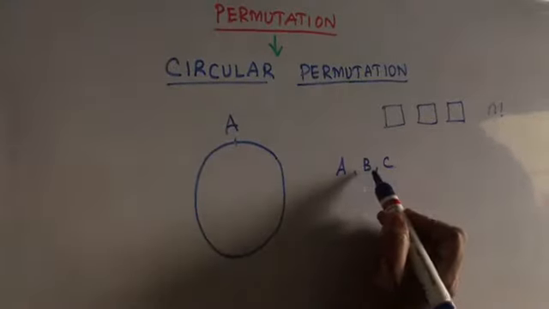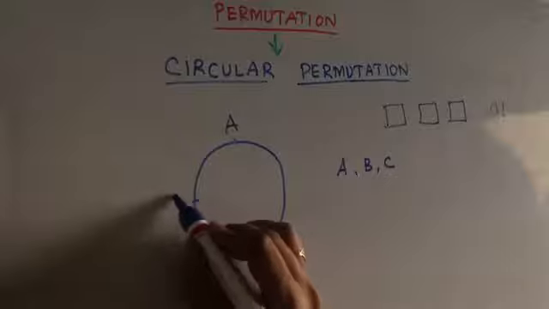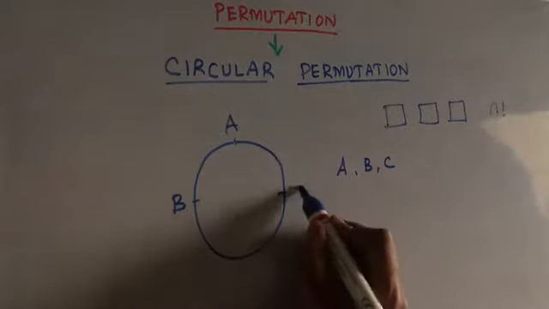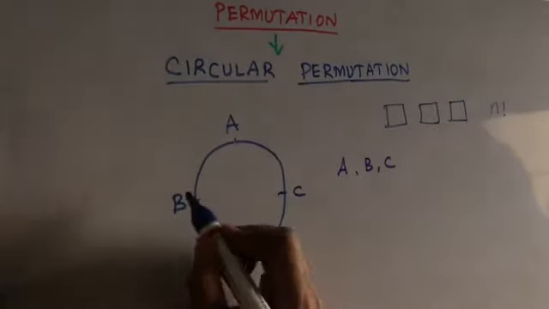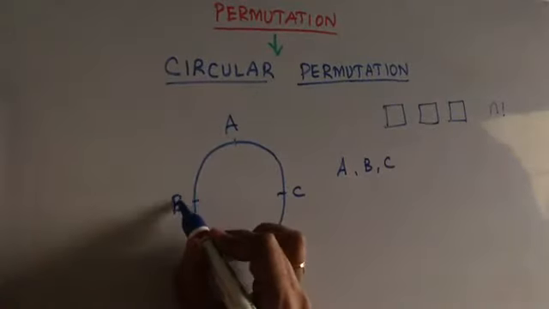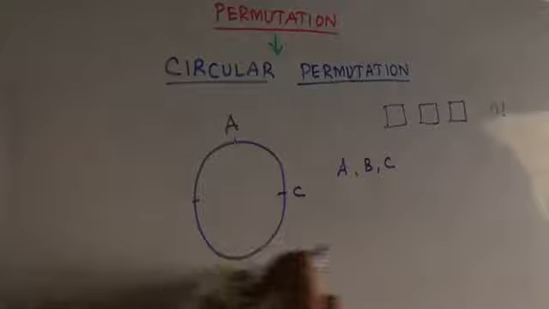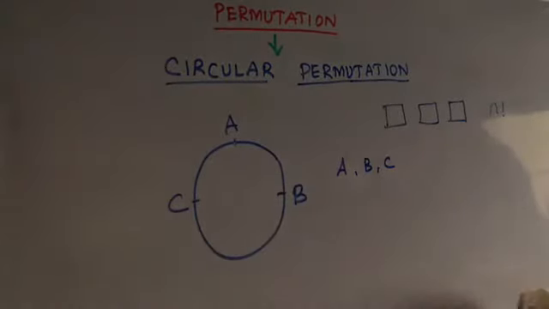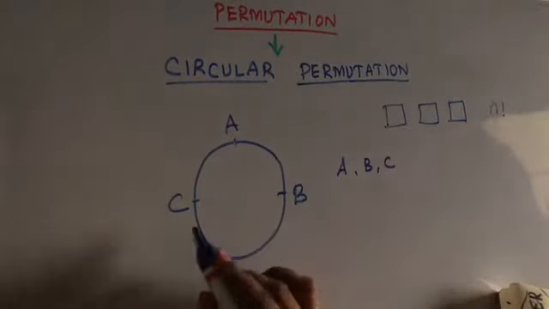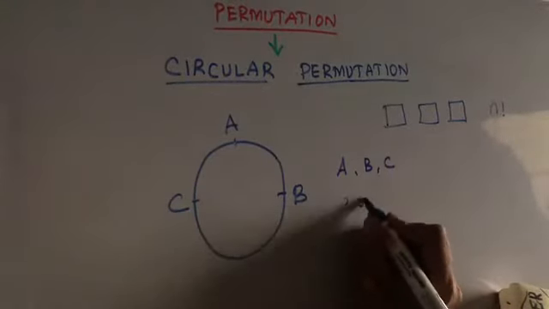Now we have to arrange B and C. Either I can arrange B and C here, or I can arrange C here and B here. So to arrange 3 persons, I have 2 ways.